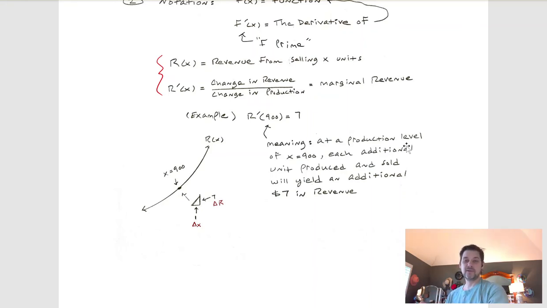It depends on what you're starting at. What's the production? What are we changing or increasing from? So generally, derivatives will have different values at different values of the independent variable, the input variable. In this case, production. All right.